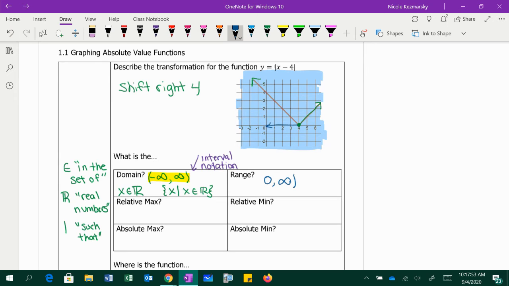So I actually just made an oopsie. I'm going to erase it. Because when we have a dot that stops us, like we did here at 4, 0, we put a bracket. Okay, and this bracket means included in this interval.